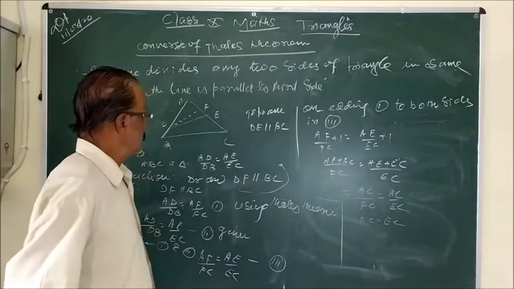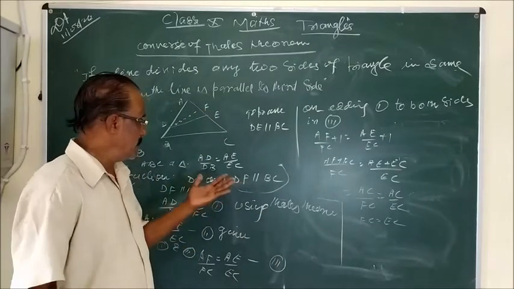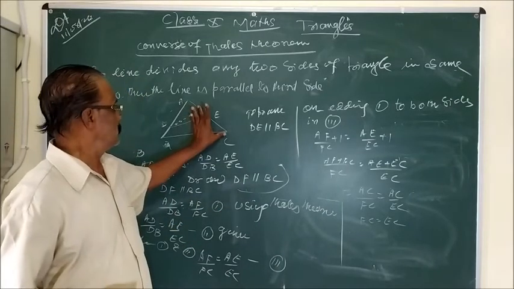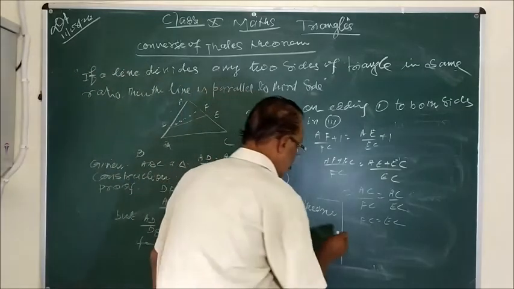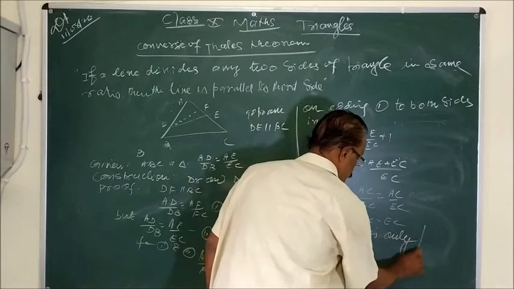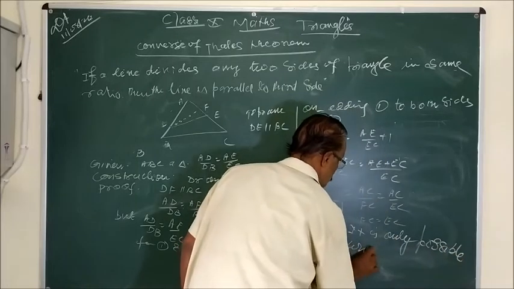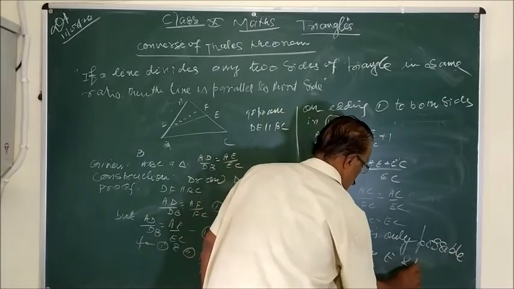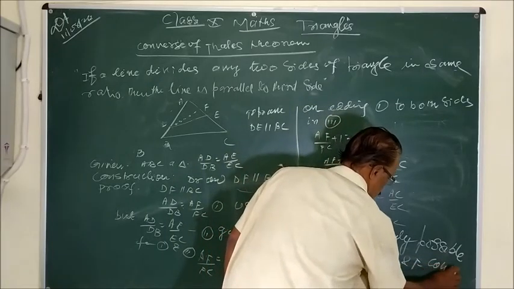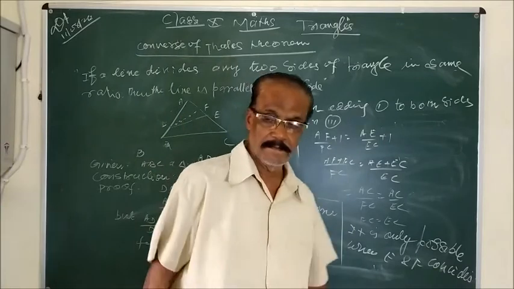Now you see the figure. FC becomes equal to EC. It is impossible with the figure given. When can this happen? It is only possible when E and F coincide. Do you understand? One figure lies completely over the other figure.